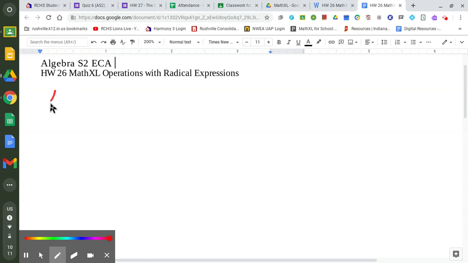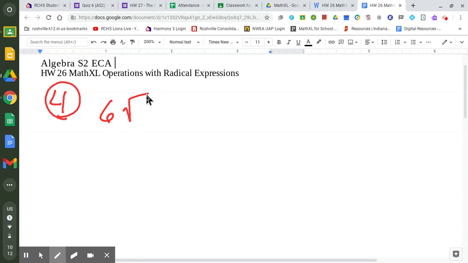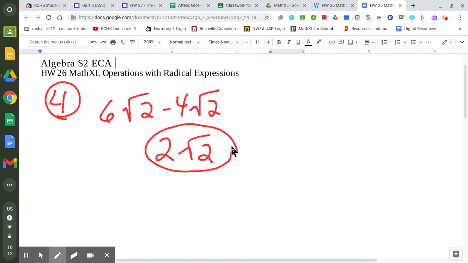Number 4, 6 square root of 2 minus 4 square root of 2. Well, they have the same radical, so we are allowed to subtract the 6 minus 4 to get 2 square root of 2, and that's my answer.